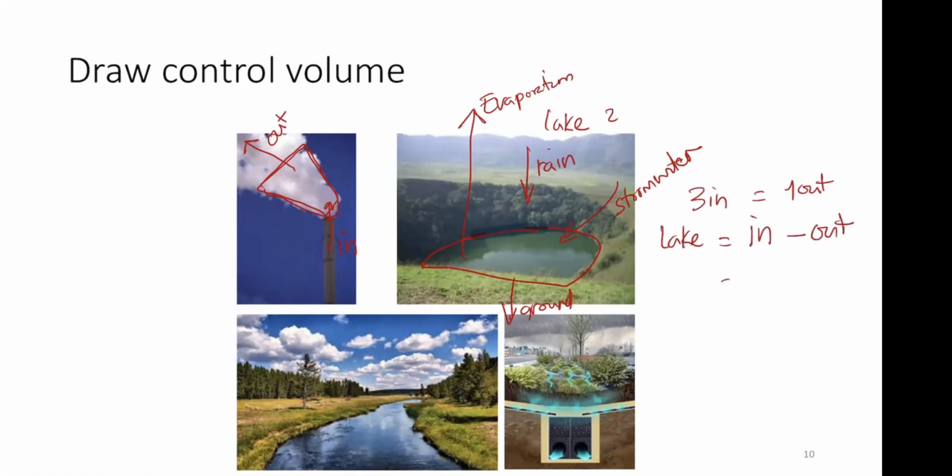So in is rain plus runoff, and out would be one, evaporation, and another, you are losing water because of infiltration into the ground. So that's the ground infiltration. Okay, so that's the remaining amount. The remainder is the volume of the lake. So that's the mass balance for the lake.